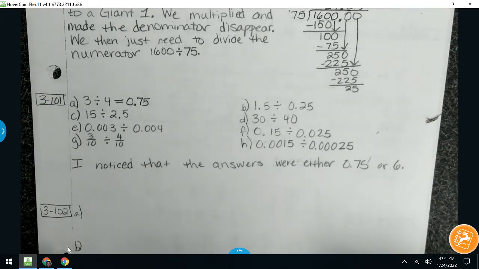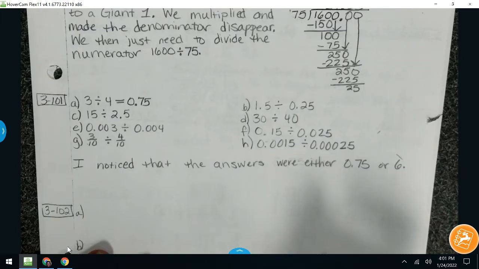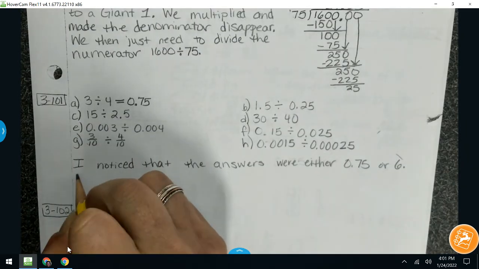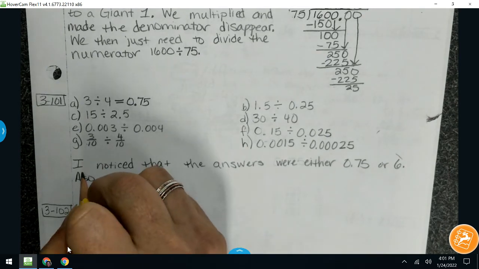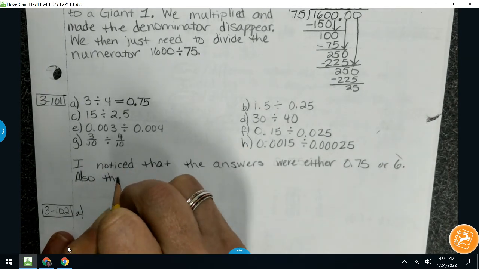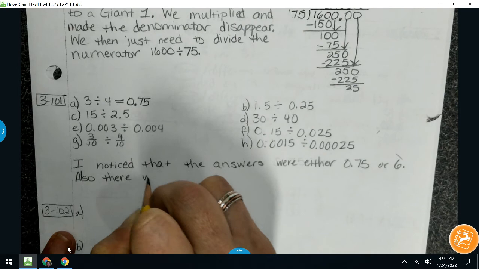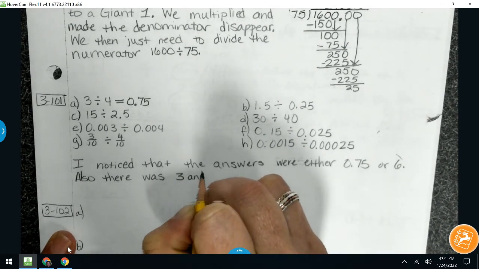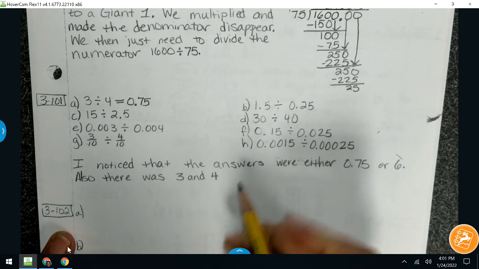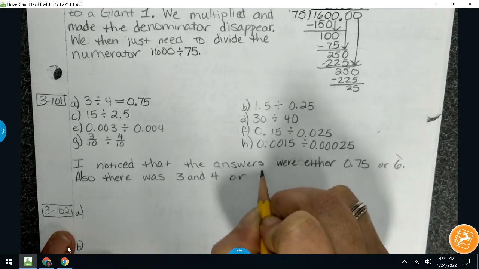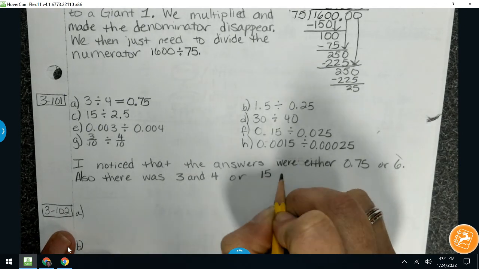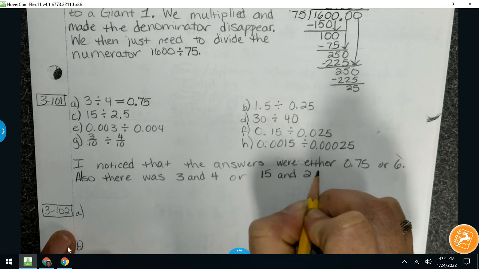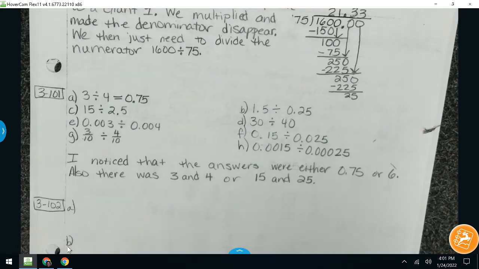Some students noticed that we had the same digits. So either the problem had 3 and 4, or 15 and 25 in some way. Like the decimals were in different spots, but the digits themselves were there.